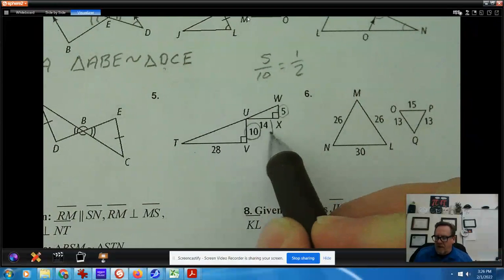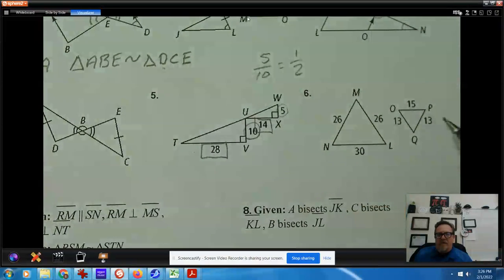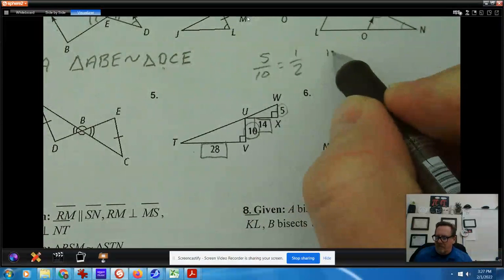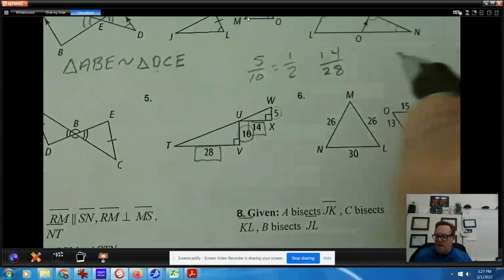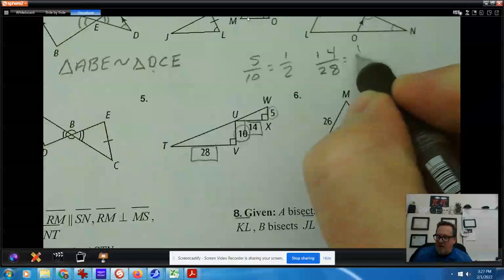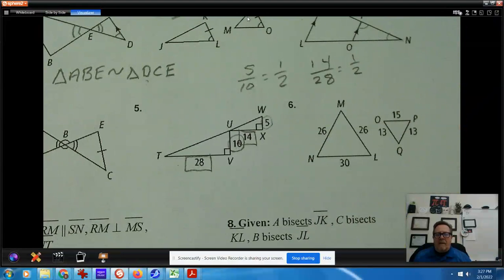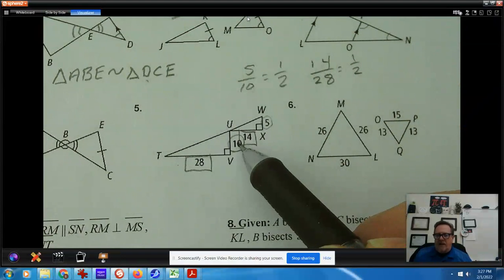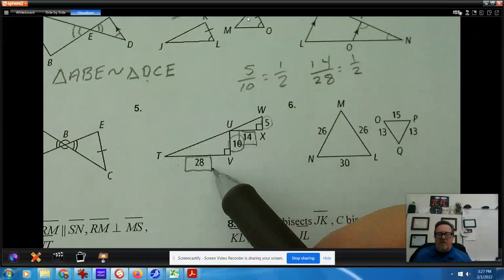And if I look at 14 and 28, well, that's a ratio of 14 to 28, right? And if I reduce that, I also get 1/2. So this side ratio was the same, and this side ratio was the same.